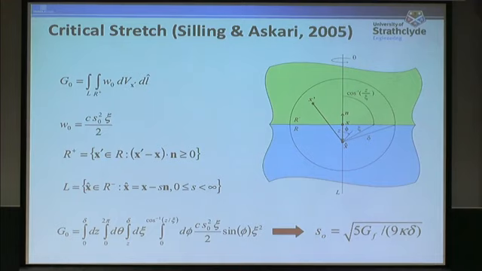So basically, as I said, this particular relationship between the critical stretch and the critical energy release rate that I'm showing you comes from the meaning of critical energy release rate. If you think about a unit crack surface, and take into account all bonds passing through that surface, you need to break all those bonds.